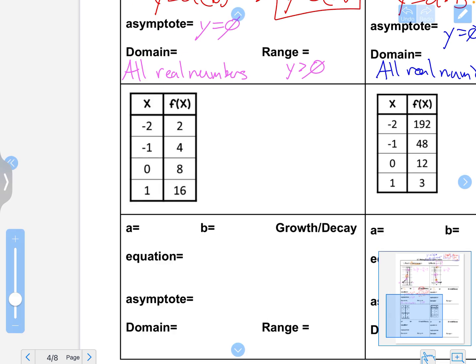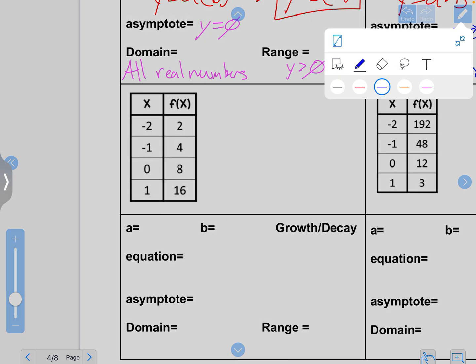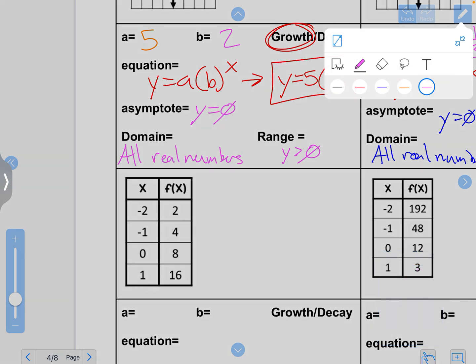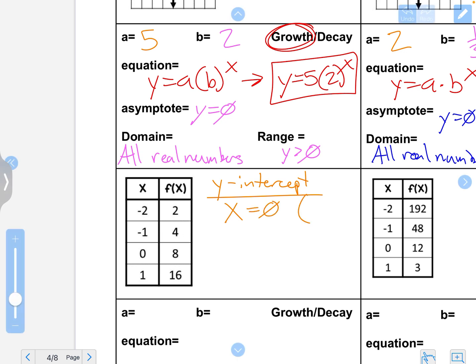All right, so now we get to a table. When we get to a table, our y1 and y2 get a whole lot easier. But our y-intercept, we have to remember a very, very big key thing to remember. Our y-intercept is when x equals 0, or when we look at a point, it's going to be 0, comma, and our number.